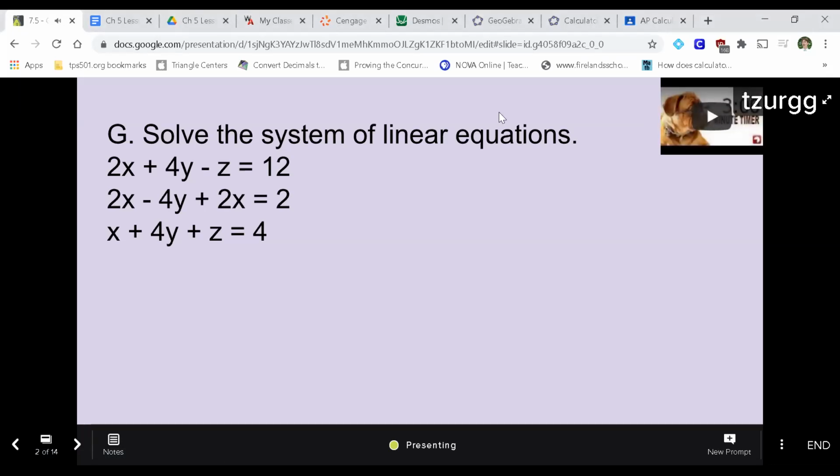All right, does anyone have an idea of how to get started with this problem?